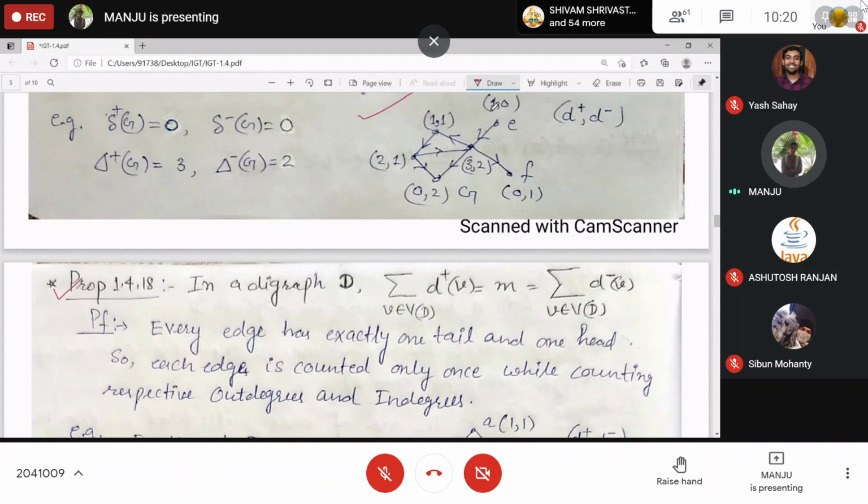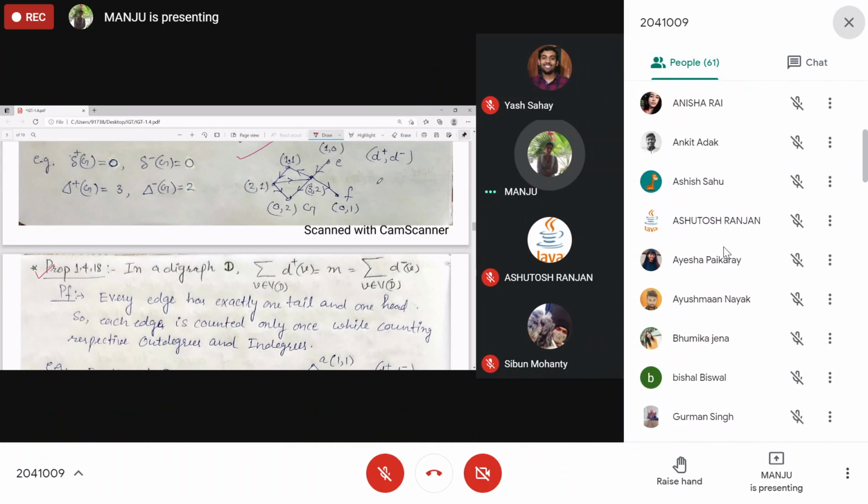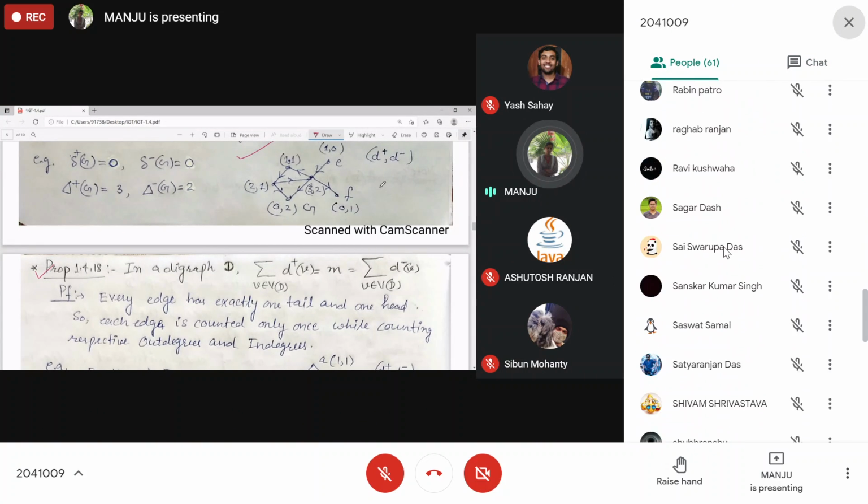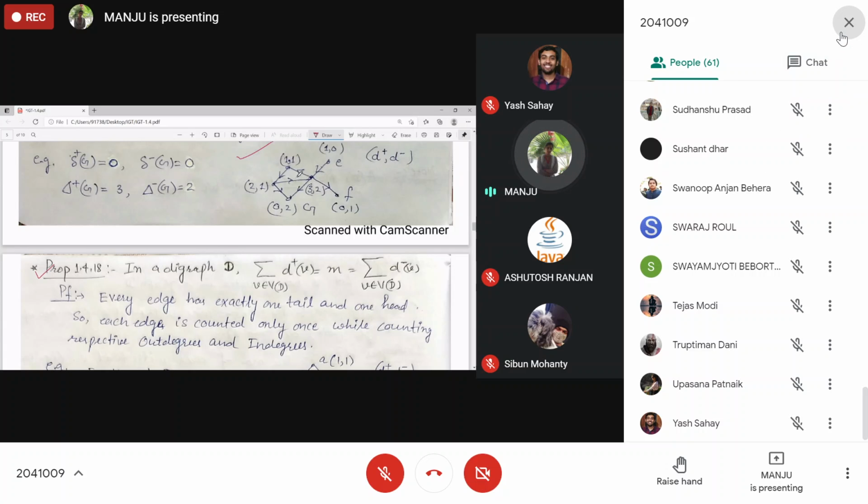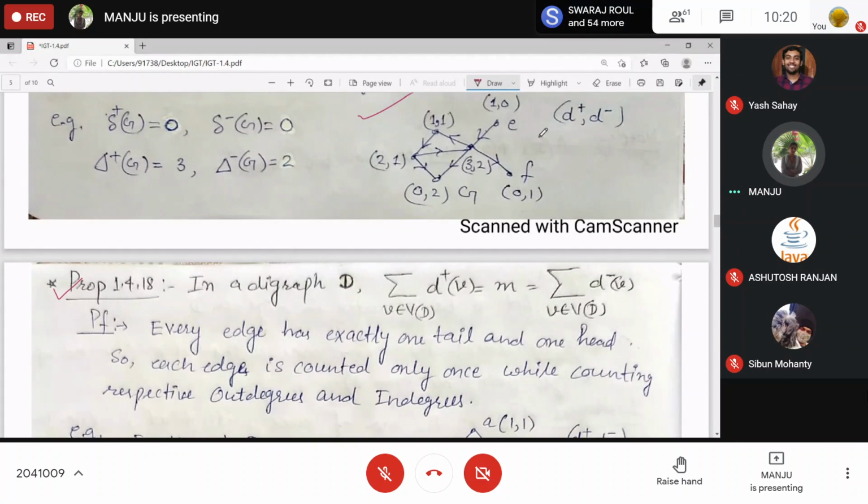You can see whether the edge is coming out or towards. If you remove all the direction, it becomes a simple graph, and in a simple graph that formula holds: the summation of all the degrees is 2M. Clear? Now why is it only M in case of the sum of out degrees and in case of the sum of in degrees? Ma'am, because we are counting every vertex only once. Yes. So you can just say you have A to B.